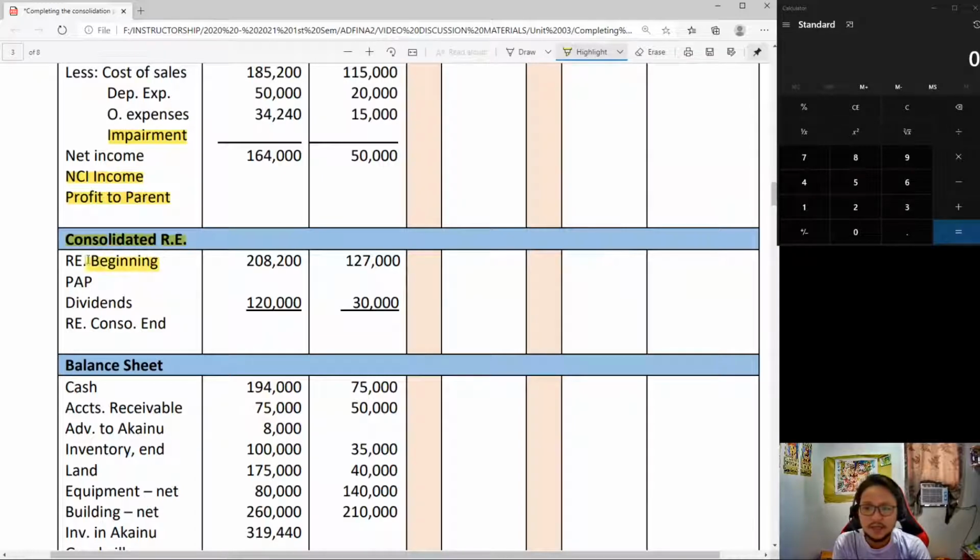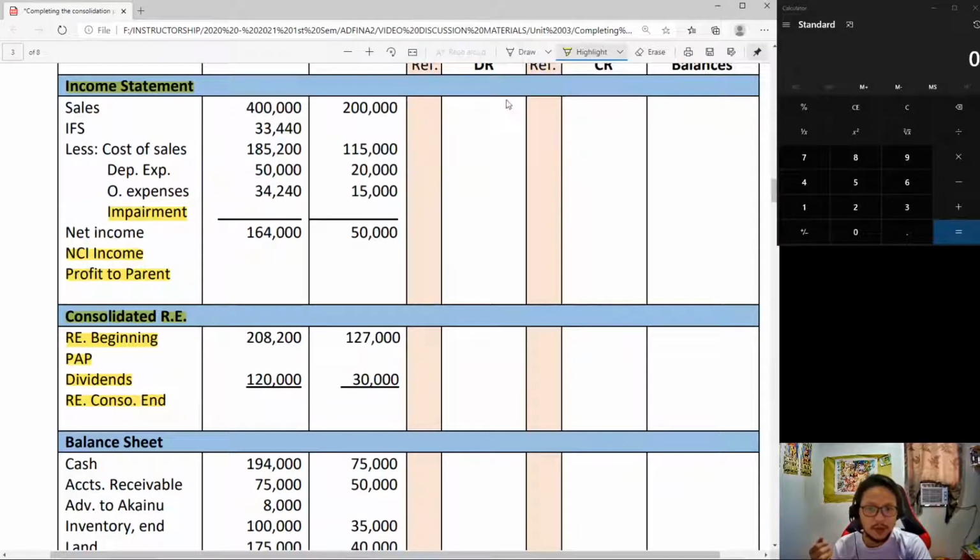Consolidated RE is simply RE beginning, added natin si profit attributable to the parent minus dividends, will get RE conso. Pero, just a spoiler, kapag nagko-compute ka ng conso RE, you will not be looking at the subsidiary's data. You will only be looking at the parent's data.